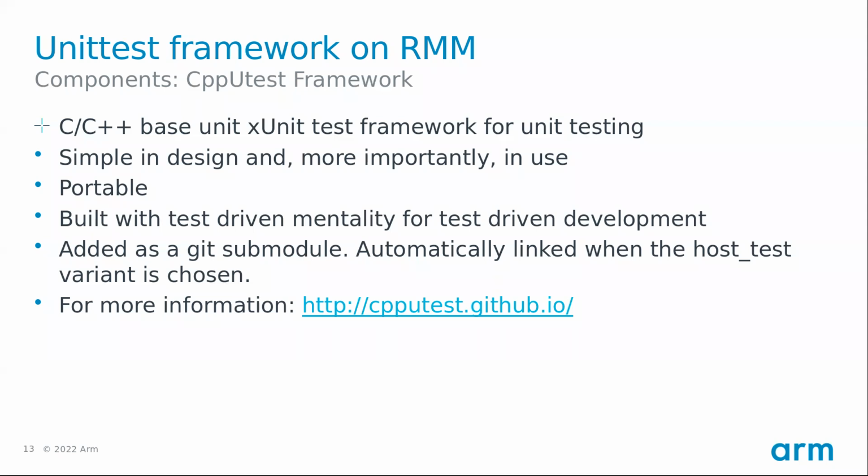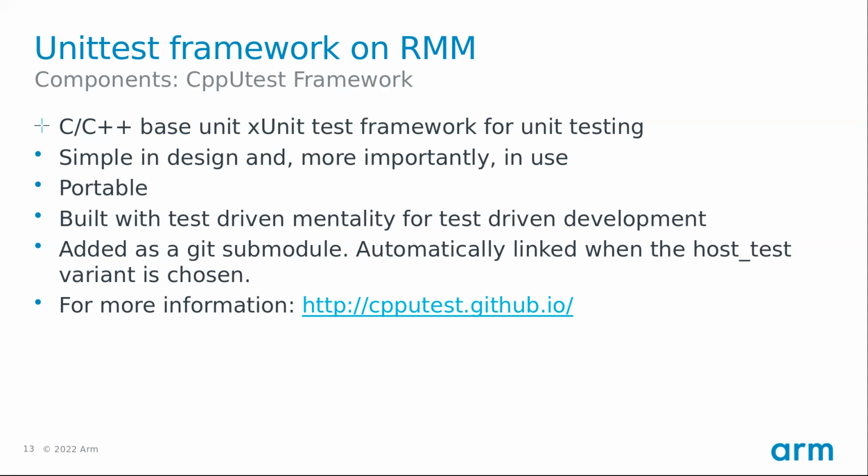It's quite portable. And in the case of TF-RMM, we have introduced CPP test as a kit module. So when we build the fake host with a build test subvariant, the build system will automatically build CPP test and link it to the unit test.